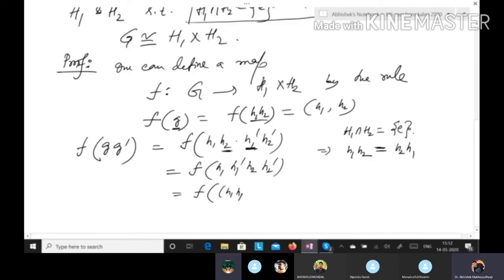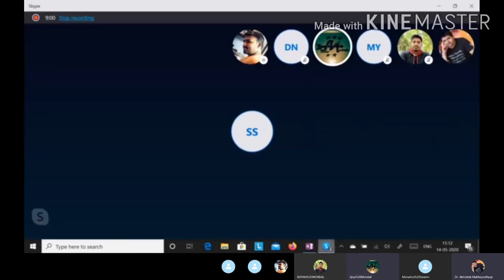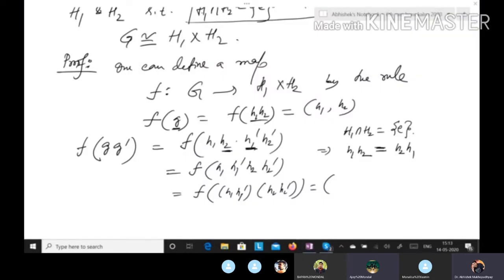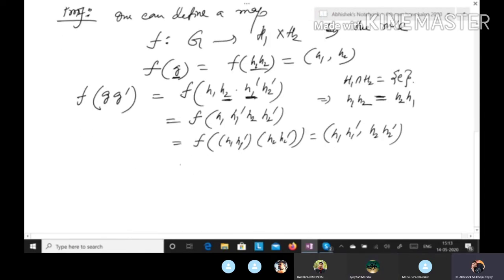Therefore, this will be mapped to (h1 h1 dashed, h2 h2 dashed), and that is (h1, h2)(h1 dashed, h2 dashed).